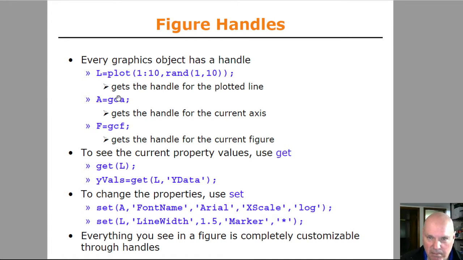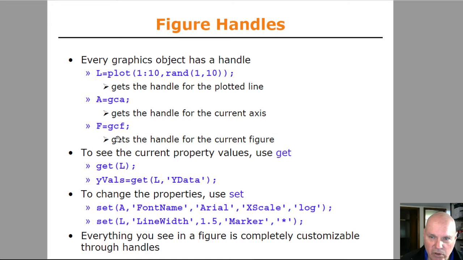And by manipulating this handle, and I'll show you how to do that, you can change things about the axis. The tick marks, what's actually displayed on the ticks, the font size, and then also there's something for the figure window. GCF is get the handle for the current figure window. Again, there's lots of different things that you can play around with here.